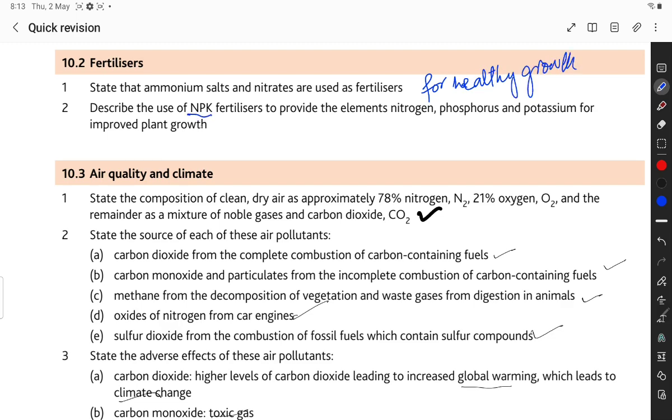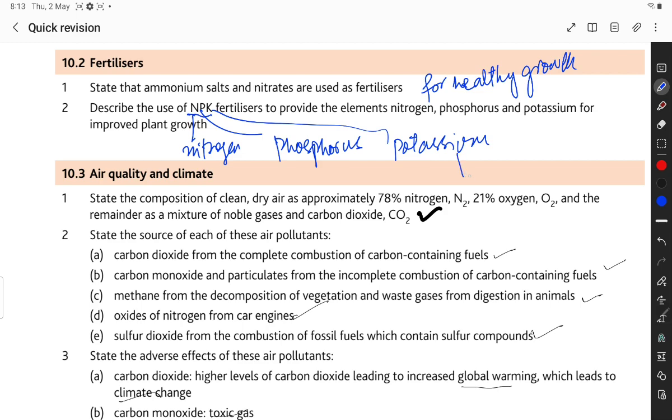Describe the use of NPK: N for nitrogen, P for phosphorus, and K for potassium. The source of potassium is potassium chloride.